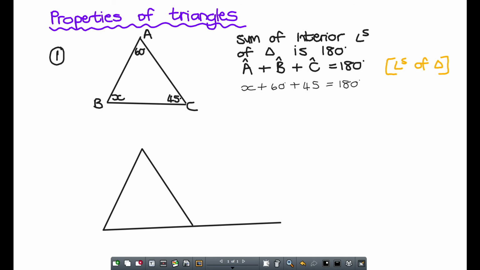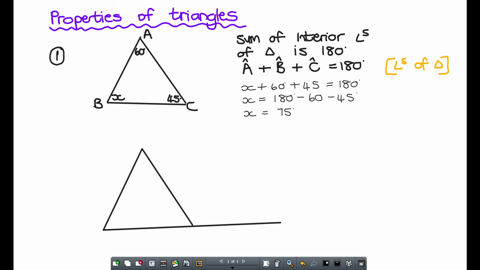Okay, and then we've got to have our reason of angles of a triangle. So that means that x will be 180 minus that 60 and minus the 45. Now, which means that x will be 75 degrees.